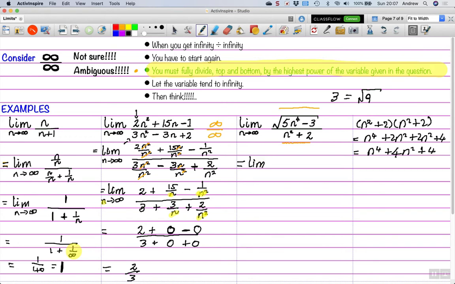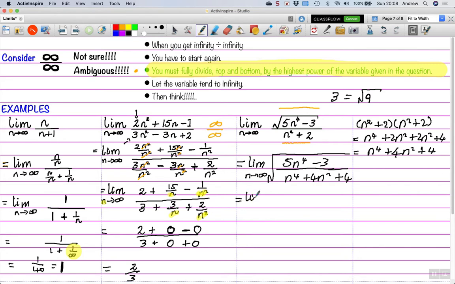So the limit as n tends to infinity of the square root now of the whole thing. Well, on top you've got 5n to the 4 minus 3, and on the bottom you've got n to the 4 plus 4n squared plus 4. And again, in order to solve this problem, we're going to have to divide top and bottom by the highest power of n.